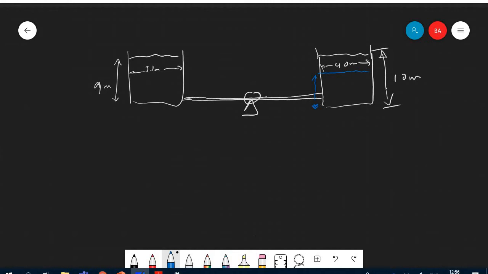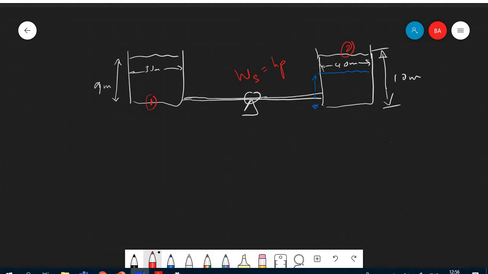So what is the question? The question is asking what is the WS, what is the horsepower that I need? What is the strength of that pump to pump all of my liquid to this tank here? Considering that all of it is going to be pumped here, point 1 is where it's going to be empty, and point 2 is where it's going to be filled.